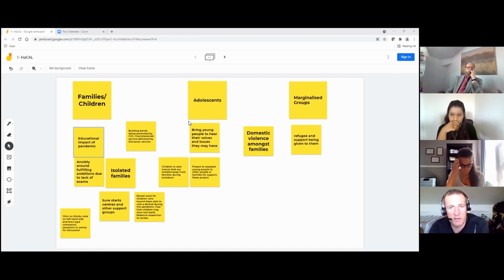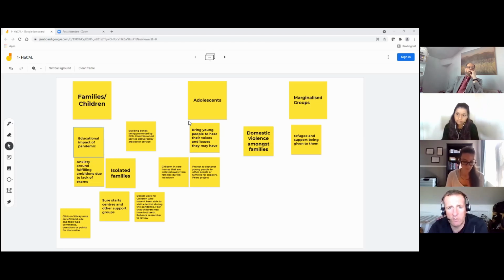They feel quite isolated. A couple of people mentioned a project that Mark was thinking about, the PAIRS project, where we were looking to signpost young people to other people, organisations or families for support. Maybe we could look into how to implement some of the things that came out of that PAIRS project in future.